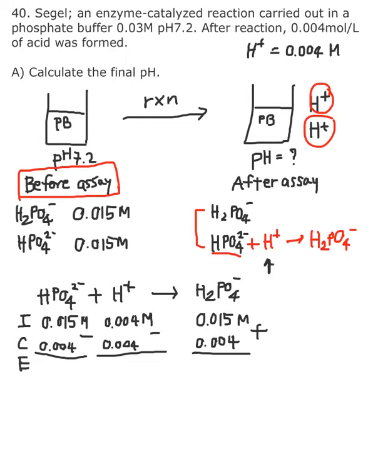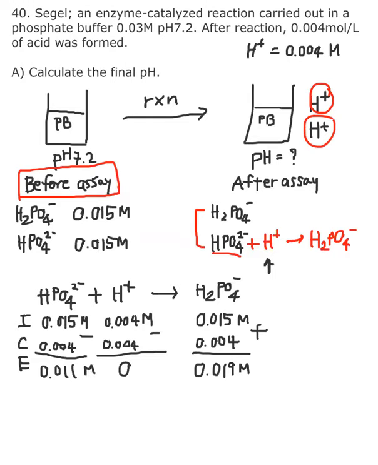So that means that at equilibrium, your HPO4 2- concentration will be decreased and is equal to 0.011, while the concentration of H2PO4 minus will be increased to 0.019 molar.